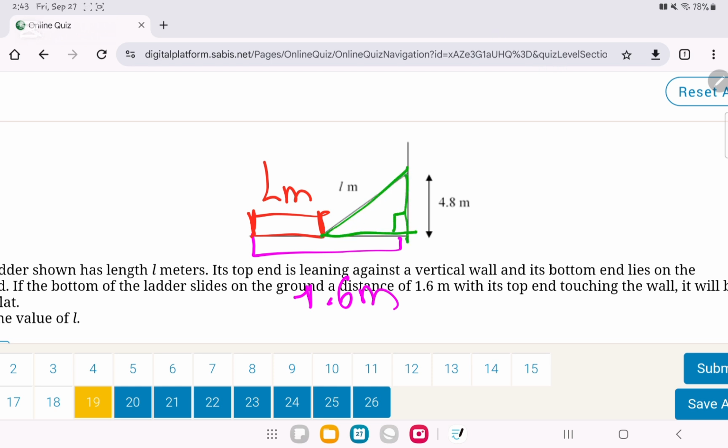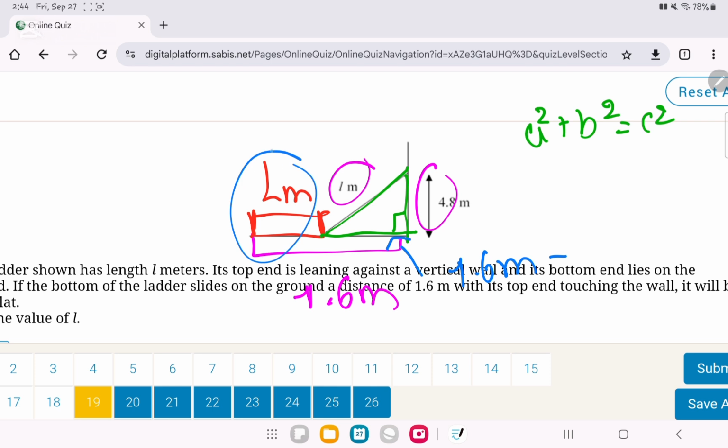Now, definitely this is a right triangle, so we can use the Pythagorean theorem, which is a squared plus b squared equals c squared. We have a, we can find b, and we have c. So to find b, we take the total distance, 1.6, minus this distance over here, L, without the meters for now.